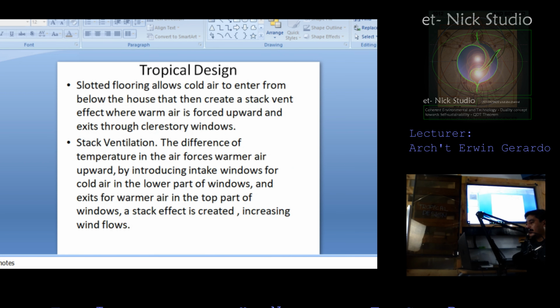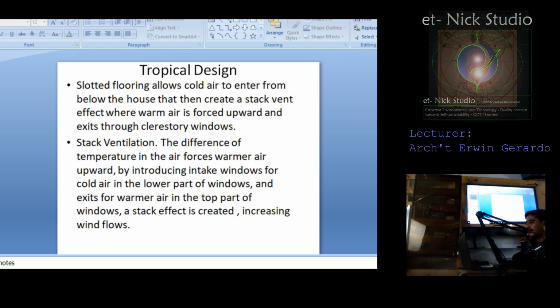Tropical design. We need to introduce slotted flooring that allows cold air to enter from below the house, which then creates a stack vent effect, where warm air is forced upward and exits through clerestory windows. So what is stack ventilation?